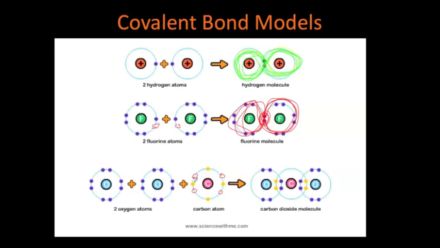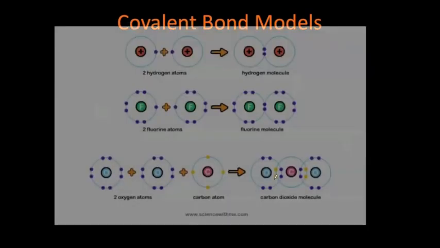So what happens is the electrons go around, and they share those electrons between them.